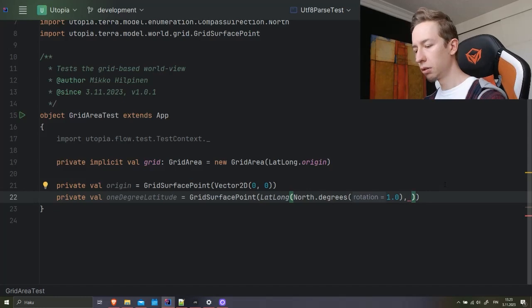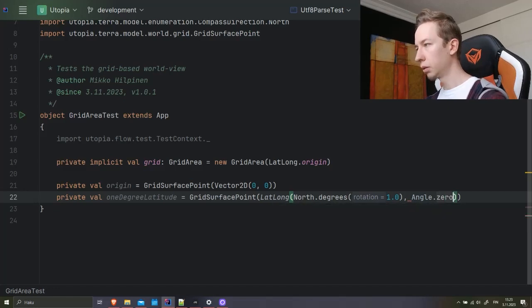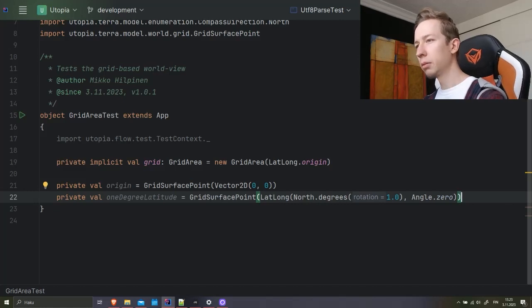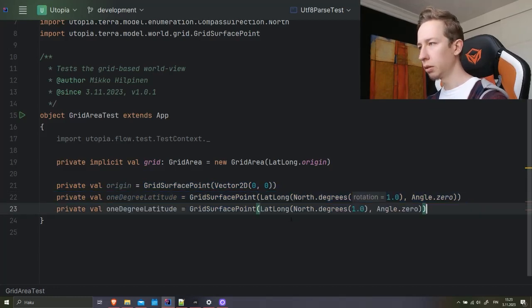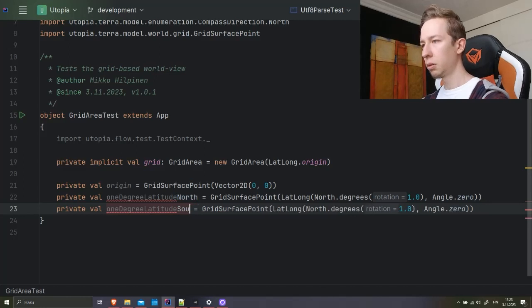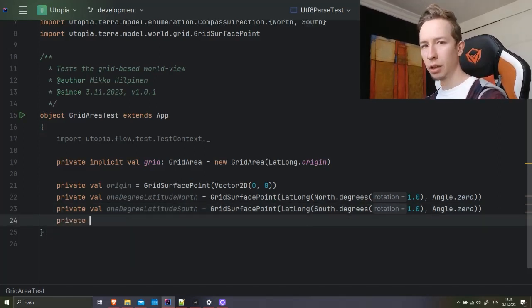Longitude is just angle 0. Okay, this should work. And what else? Well, let's just make the reverse as well. And then let's add 1 degree of travel along the longitude. So say east.